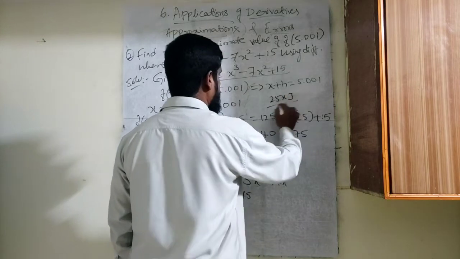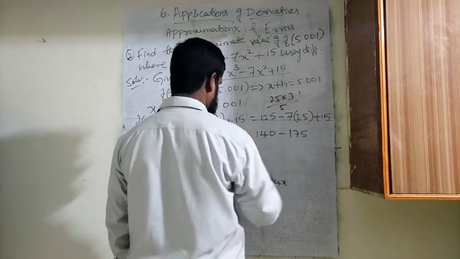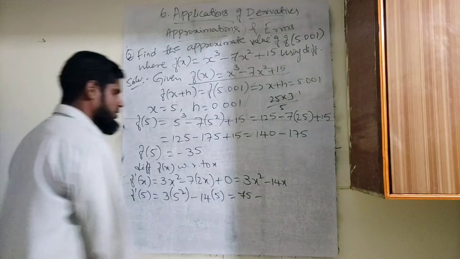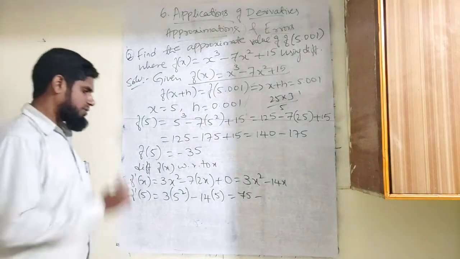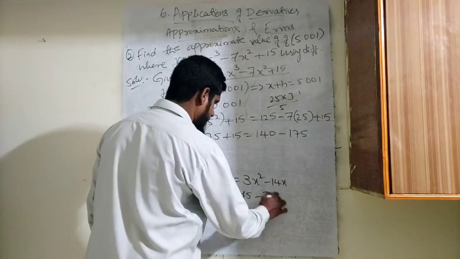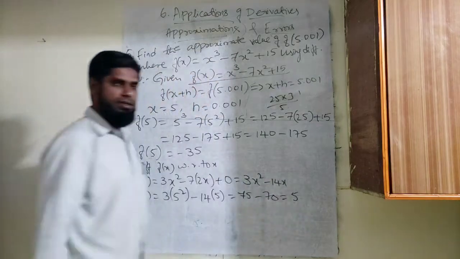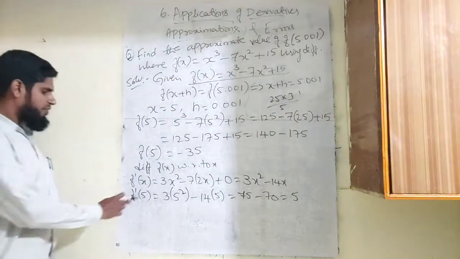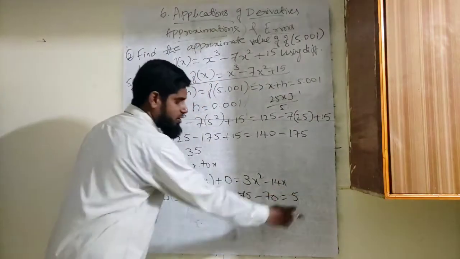You can do the calculations quickly. 3 fives are 15, carry 675 minus 14 into 5, it is 70. Answer here is 5. So my f dash of x at x is equal to 5 is 5.